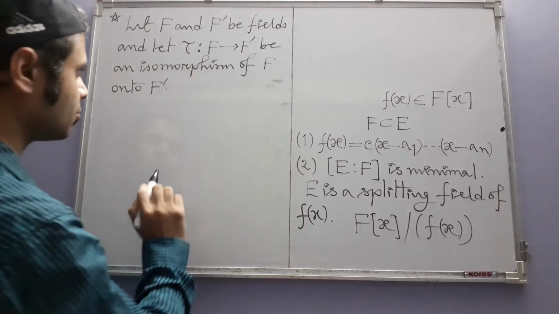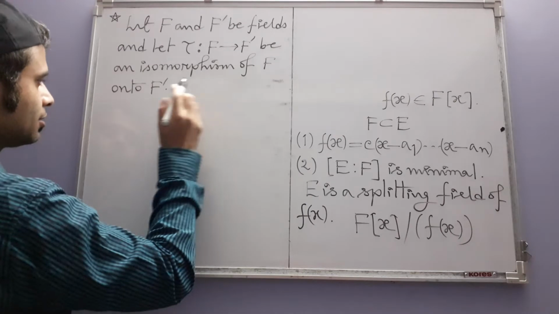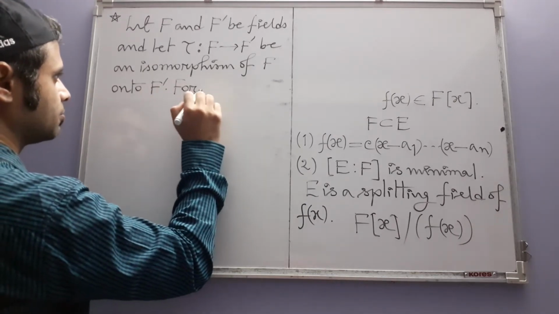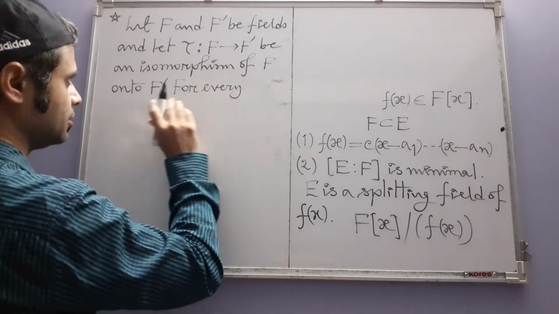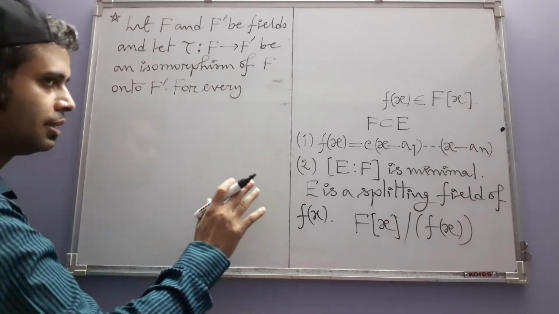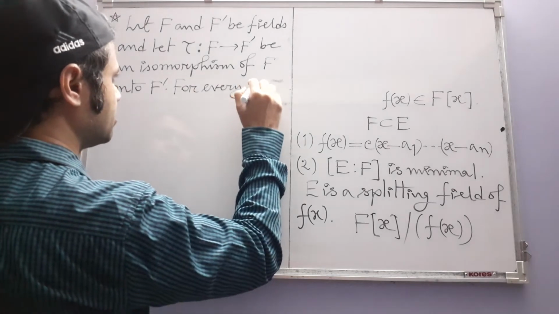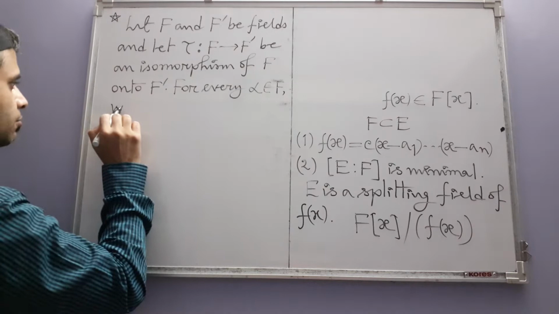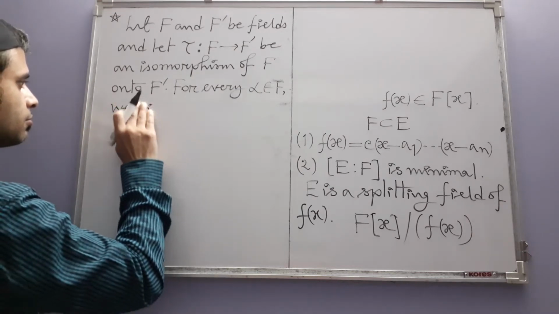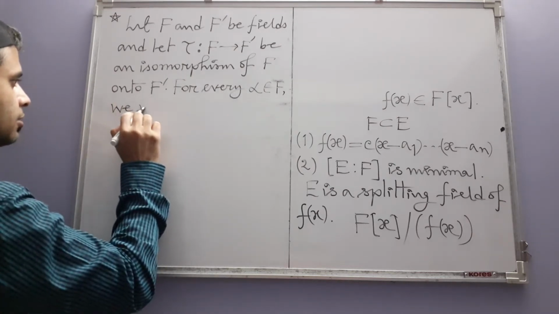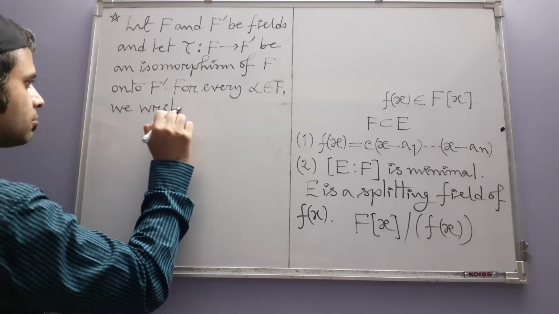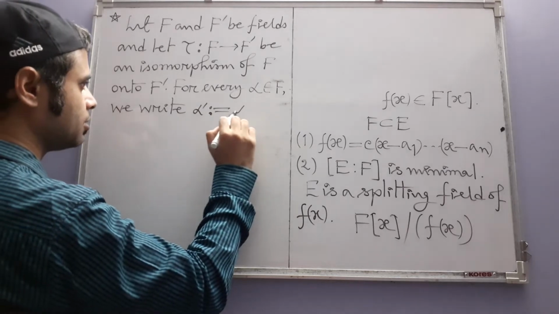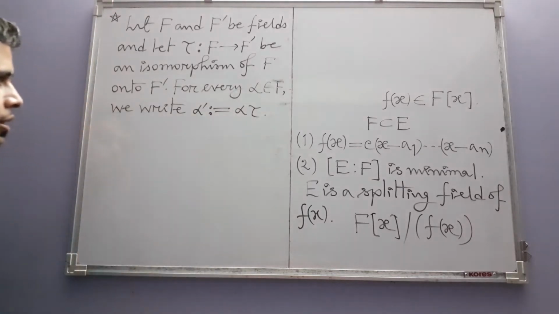For the sake of notational simplicity, we have also devised this notation. So these are things we have already seen, we are just simply recalling. For every alpha in F, we write alpha prime to mean the image of alpha under tau.